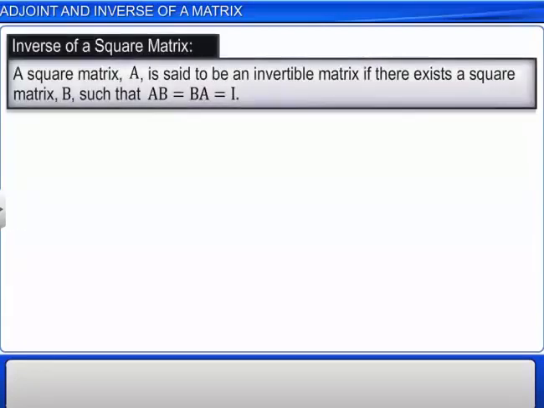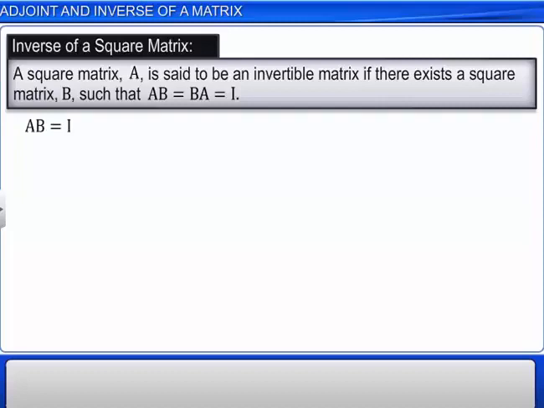Mathematically, a square matrix A is said to be an invertible matrix if there exists a square matrix B, such that A into B is equal to B into A is equal to the identity matrix. Now, let us derive one property of an invertible matrix. If A is an invertible matrix, then A into B is equal to an identity matrix.